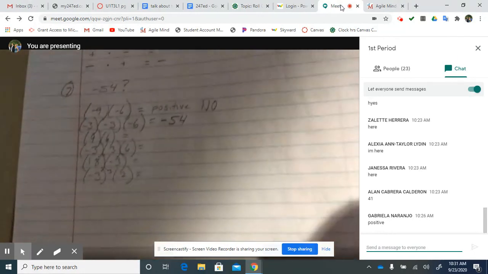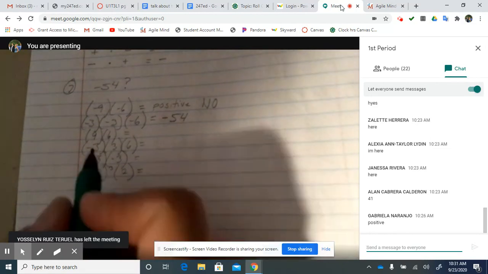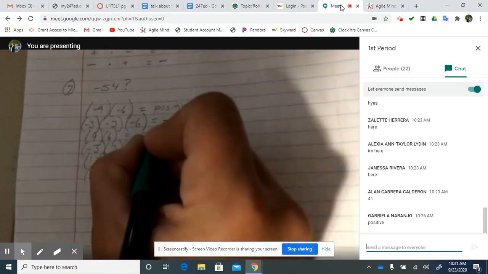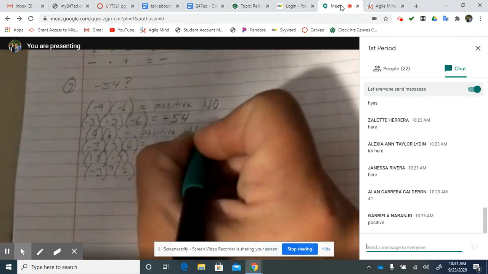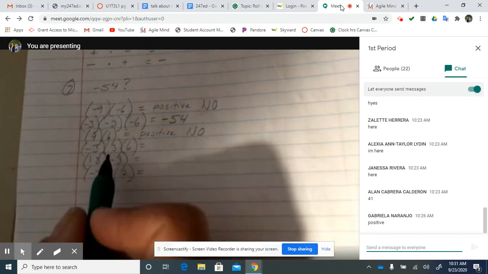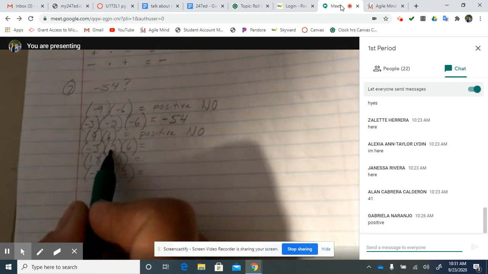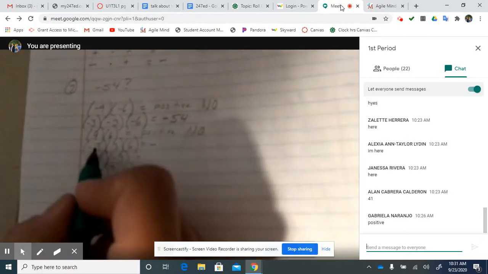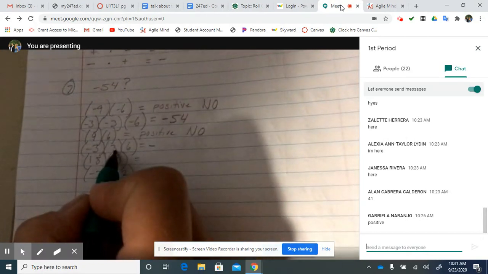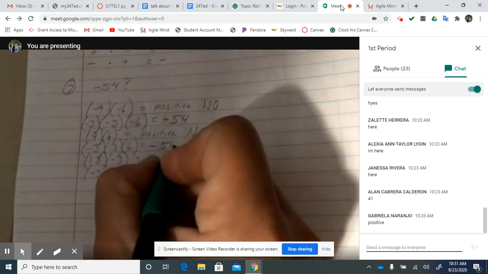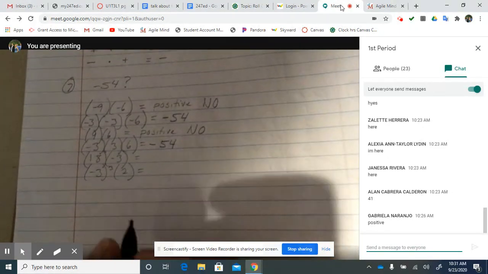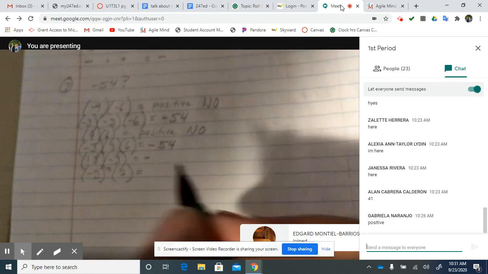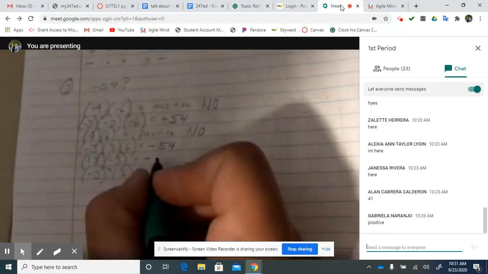So that works. Positive times positive gives us a positive. So this one's a no. Negative times positive gives us a negative, times a positive gives us a negative. 3 times 3 is 9, times 6 is 54. Positive times negative gives us a negative. And 18 times 3 is 54.